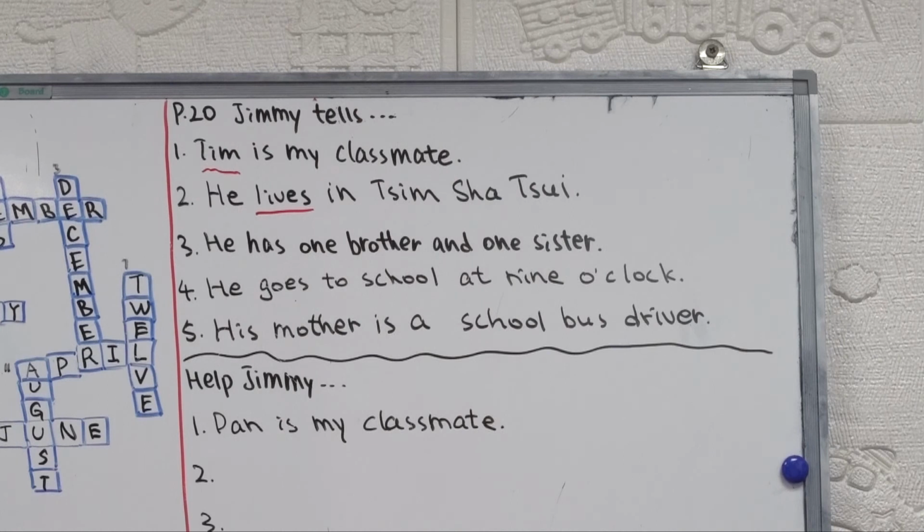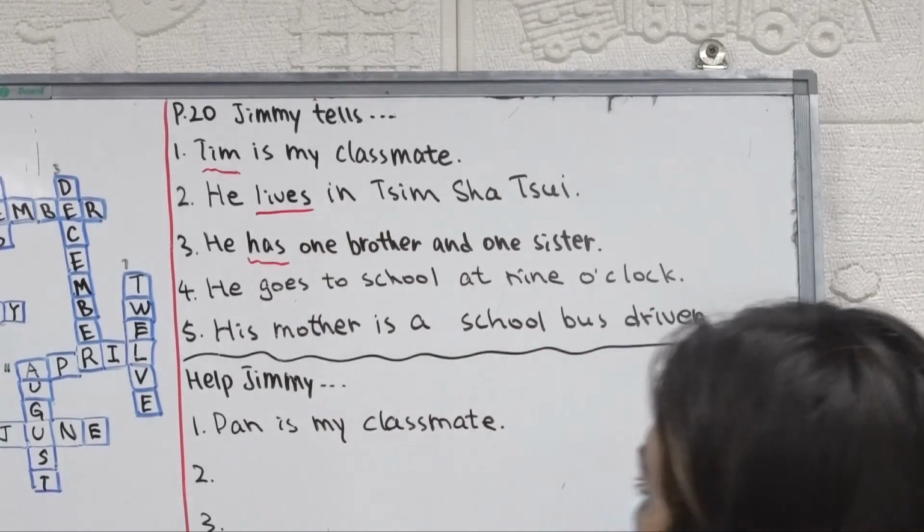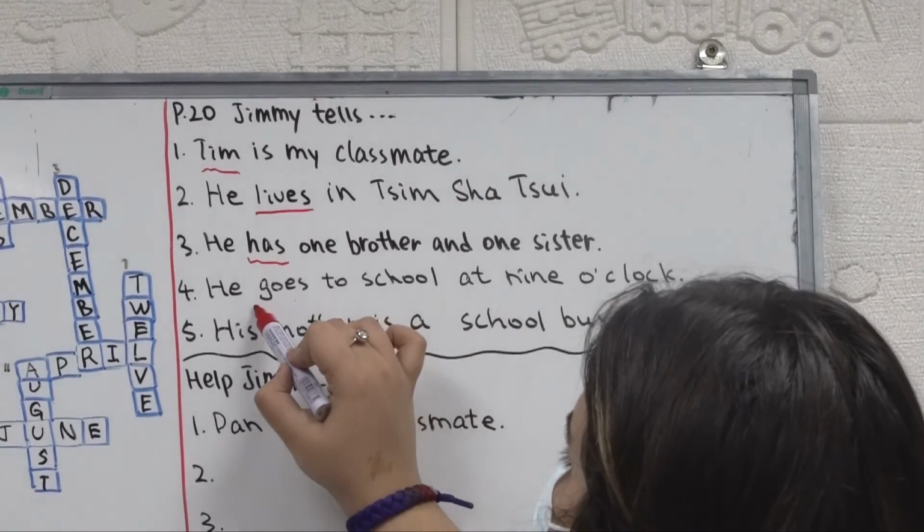So in the third sentence, he talked about how many brothers and sisters Tim has got, right? The fourth one, he goes to school at 9 o'clock. In the fourth line, Jimmy talks about when Tim goes to school, right?